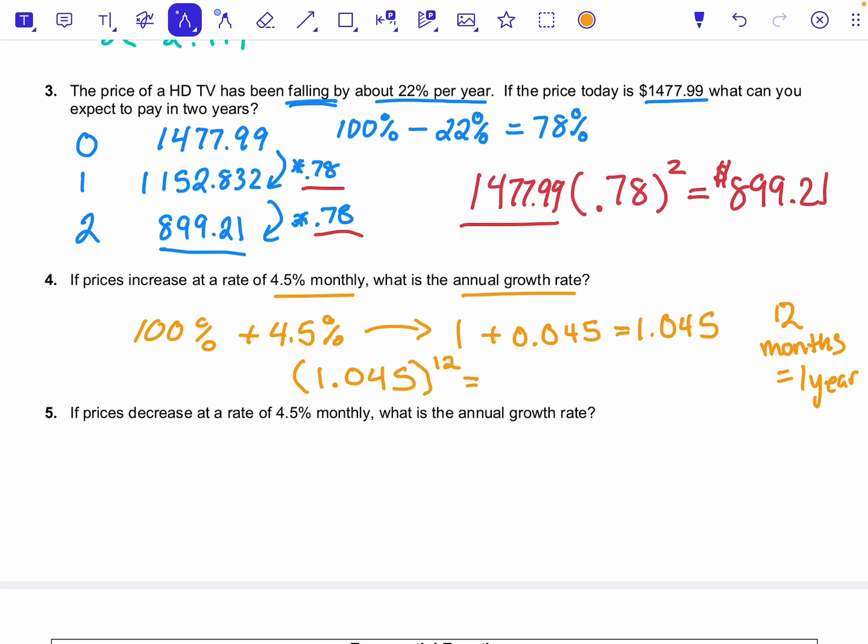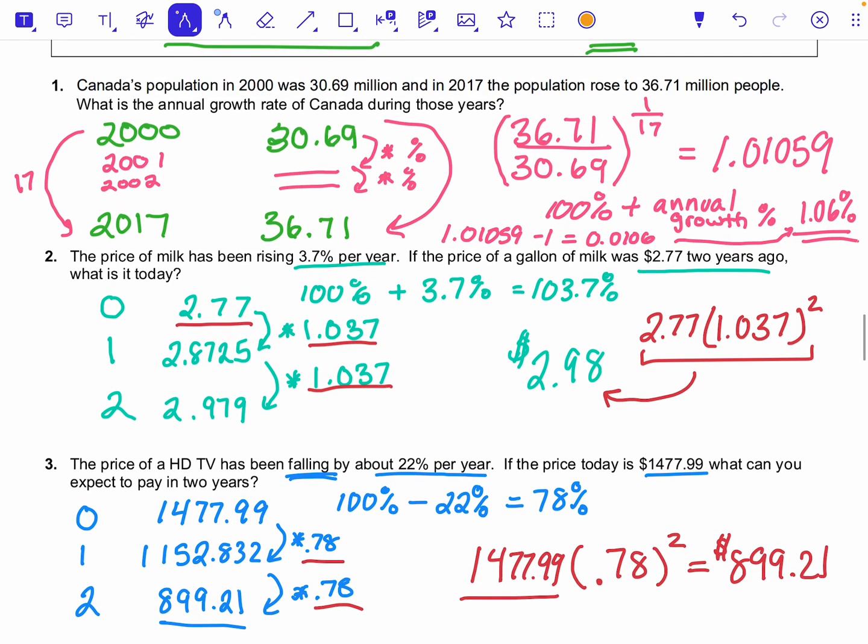instead of multiplying 12 separate times, what could I have multiplied by once to come out with the same value? In this case, that would be 1.6959. Now, just like when we talked about with the Canada population problem up here, that's not actually my annual rate. That's the 100% plus the annual rate.